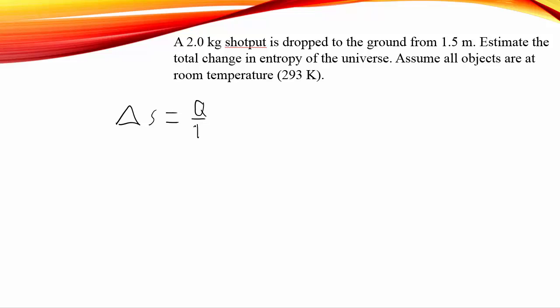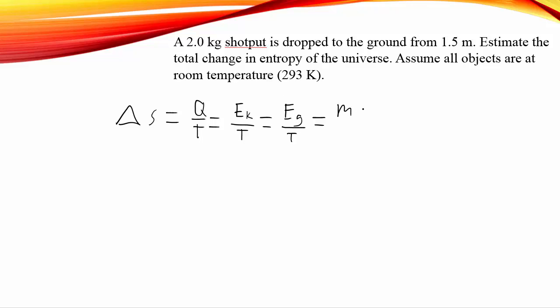So to find Q over T, the Q is the kinetic energy right before it hits the ground. Divide that guy by T, and we could calculate that, but we already know that this kinetic energy equals the gravitational energy it started with, so we can just go with this expression here and get the change in entropy.